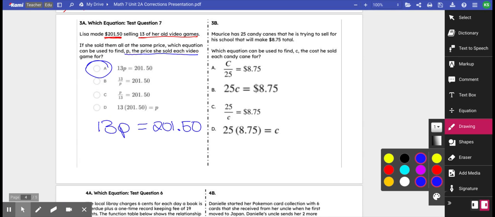The price is the price per game. Okay, so that's why the division doesn't work. So A is correct. So now the video will pause. You need to do problem 3B, which is very similar to it, and put in your answer, and then we will go on to your last problem, which is problem 4.